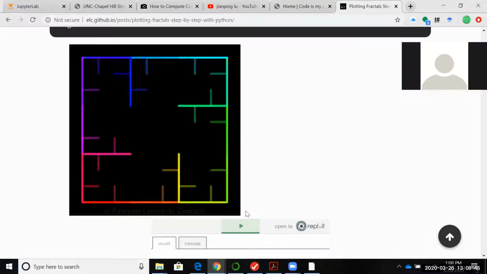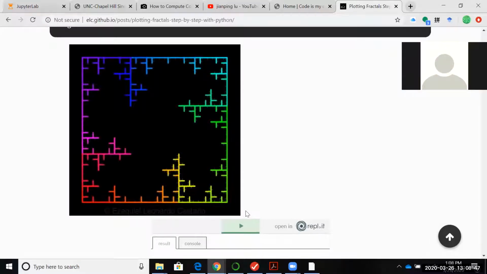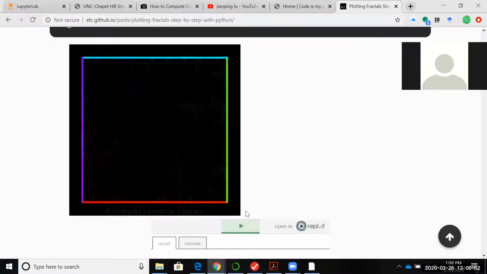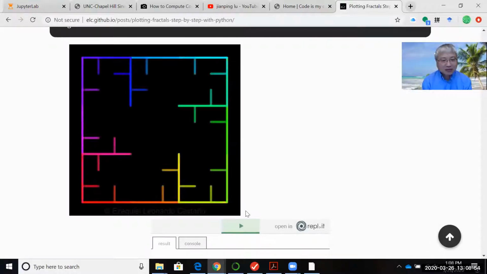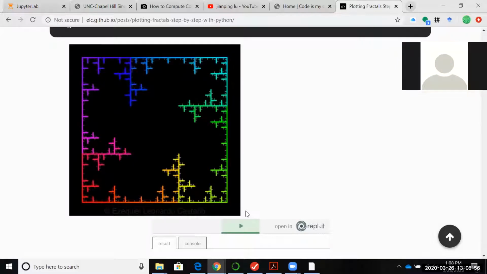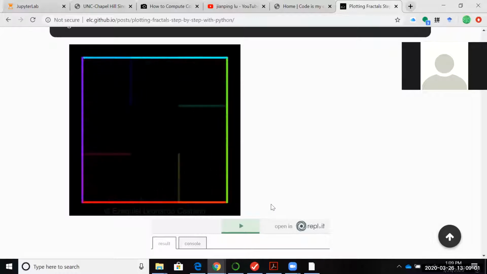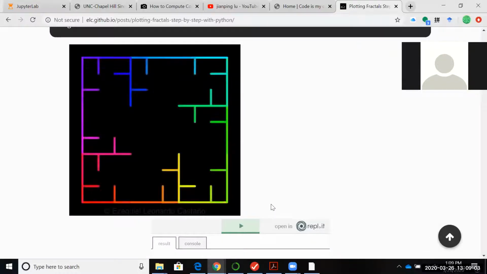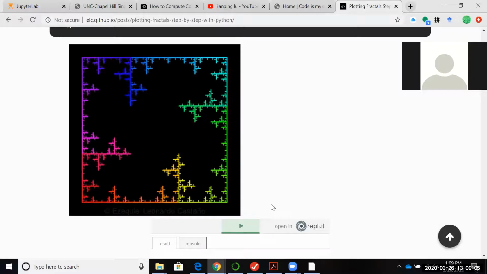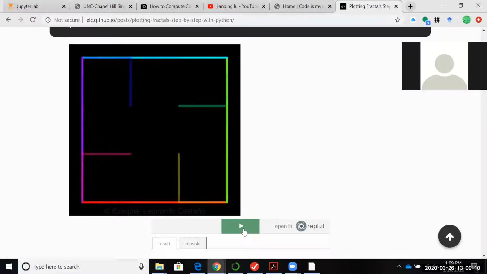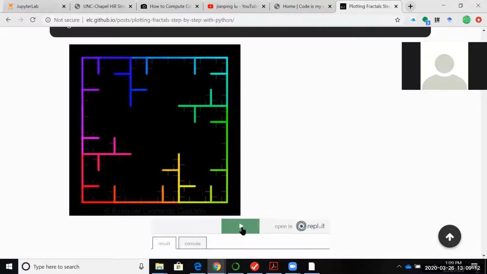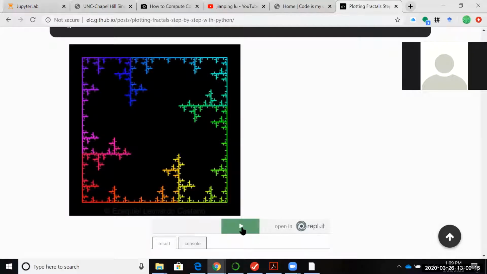Honestly, I can barely even tell the pattern. Same here. It's really hard to see the pattern. Because you've got that first little line pointing inwards to the center of the square, and then 2 more lines appear on that.